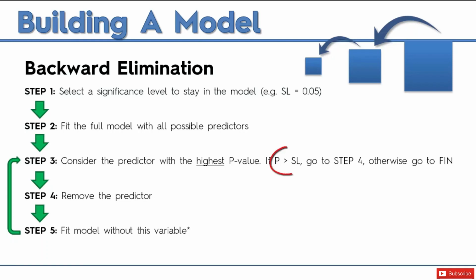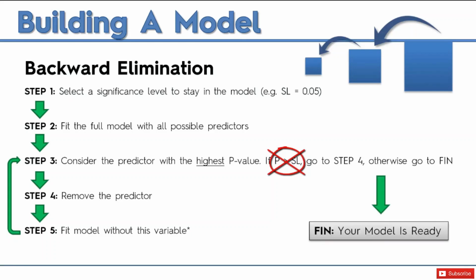So if that condition, p is greater than SL, is not correct, then you don't go to step four anymore. You go to fin. In this case, fin is the finish. Your model is ready. As soon as all of the variables that you have left in your model have p-values less than the significance level, your model is prepared. So that's how the backward elimination method works. Let's move on to the next one.